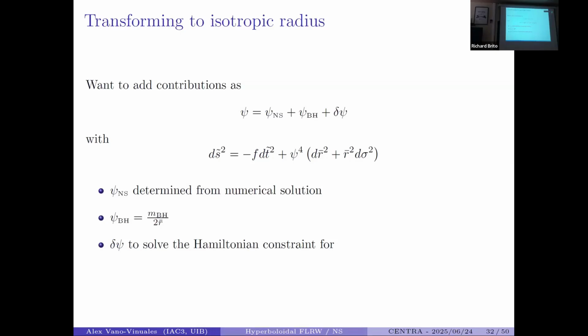For the black hole, normally this would be 1 plus mass over 2R. Here we're not including the 1, because the 1 is already included in the neutron star part. And so we put those together, and then we include the yet unknown correction that we get by solving the Hamiltonian constraint.